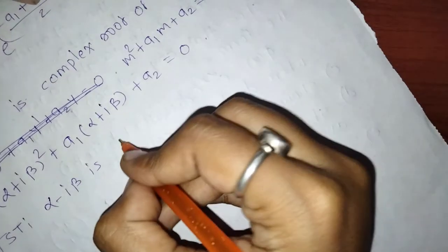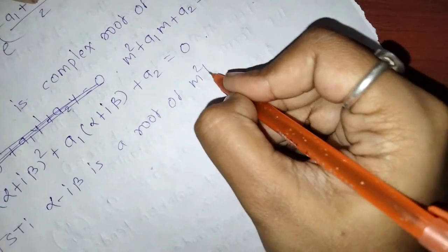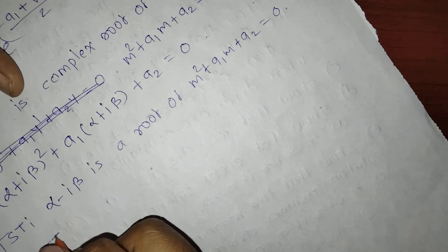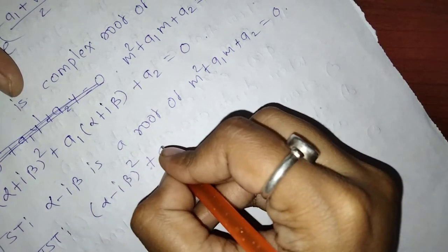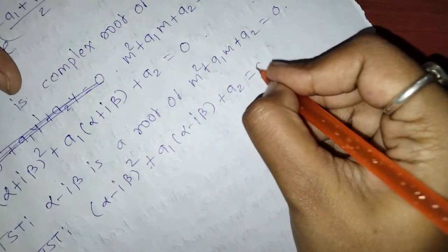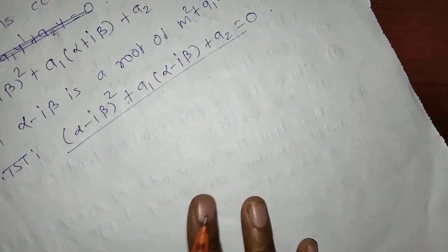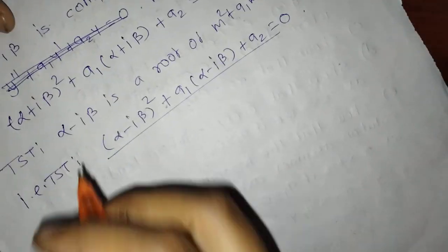To show that alpha minus i beta is a root of m square plus a1m plus a2 equal to 0, that is to show that (alpha minus i beta) square plus a1 (alpha minus i beta) plus a2 equal to 0. Calculate LHS and then show that it is equal to 0, means it is equal to RHS.